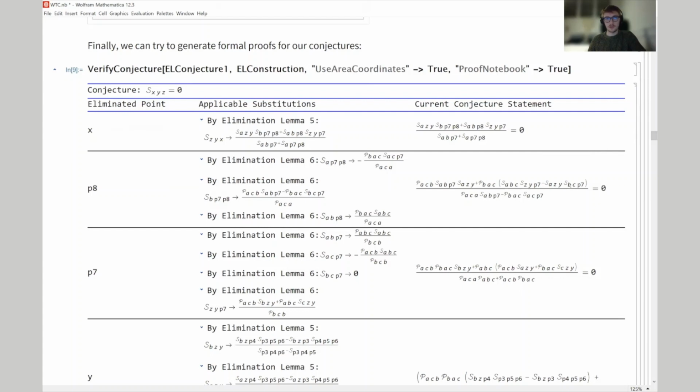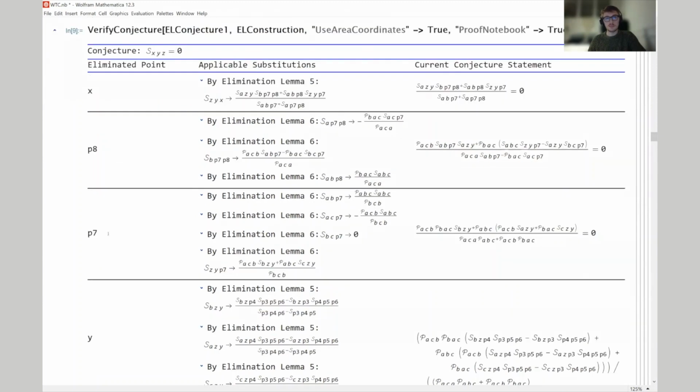Right, so we have our conjecture at the top here, and the way to read this is that first we eliminate the point x, since if you recall in our construction, x was the last constructed point. Our verified conjecture found an applicable elimination lemma, and it rewrites this conjecture by applying this elimination lemma wherever it can.